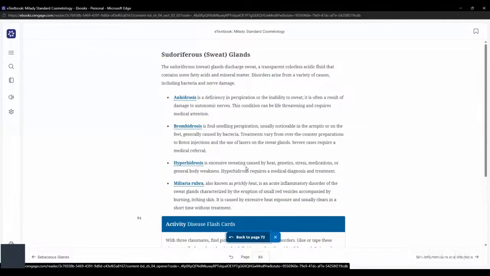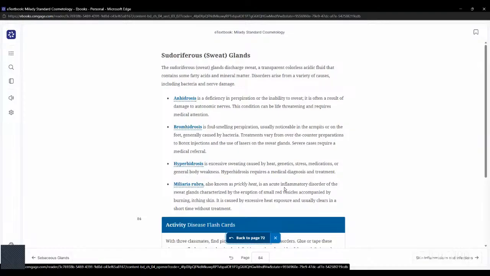Miliaria rubra, also known as prickly heat, is an acute inflammatory disorder. It's a disorder of the sweat glands characterized by the eruption of small red vesicles. These are like little bitty blisters accompanied by burning, itching skin.